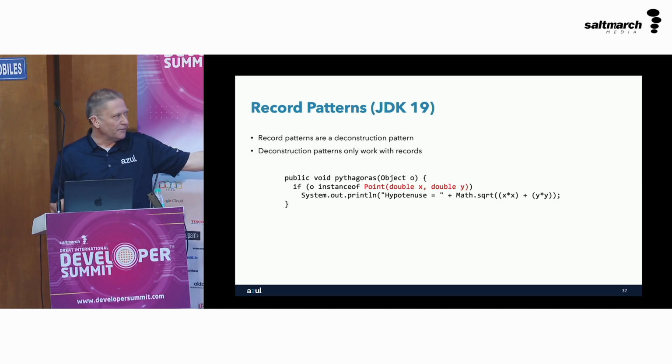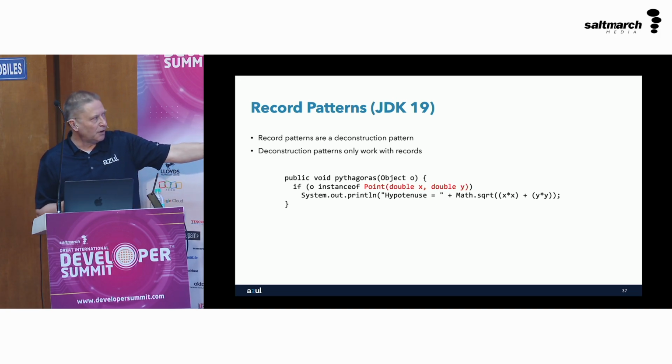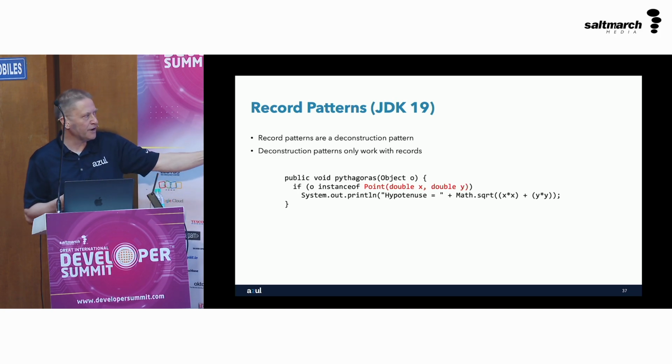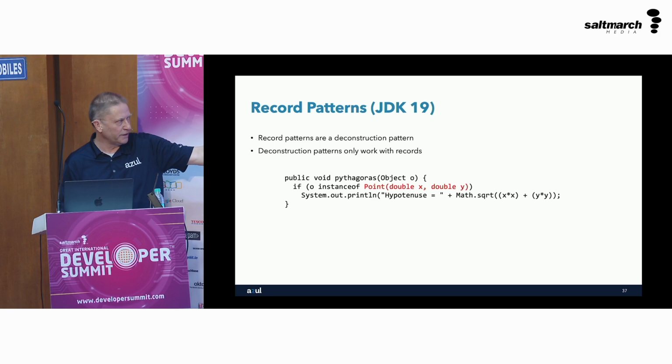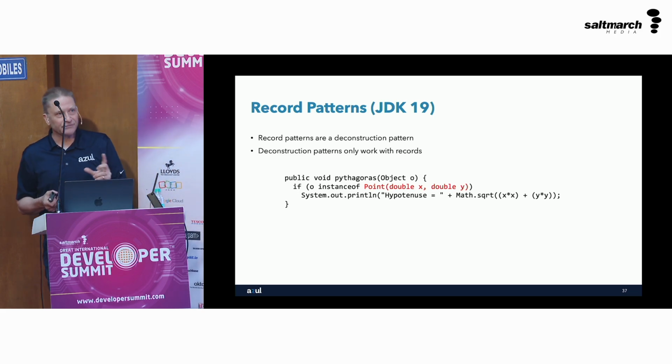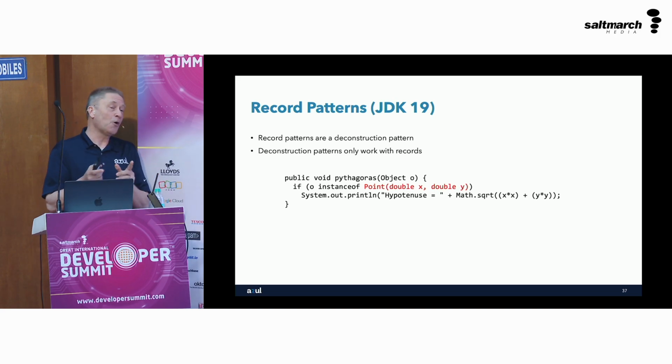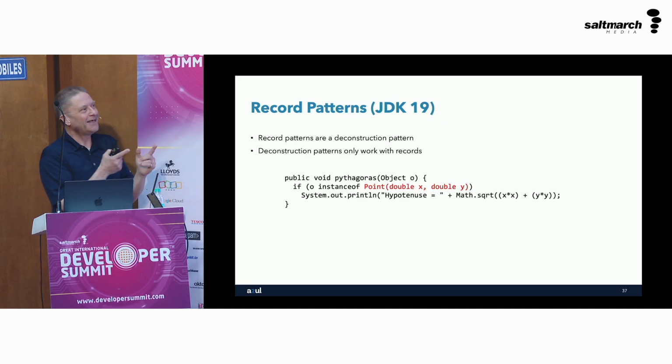Now, one thing I will say about this is that you cannot combine a deconstruction pattern with another pattern variable. By that, I mean you couldn't have if o instanceof Point(double x, double y) p and have p as the pattern variable of that point. They did initially allow that to happen, but then they discovered that there are certain situations, and when is one of them.